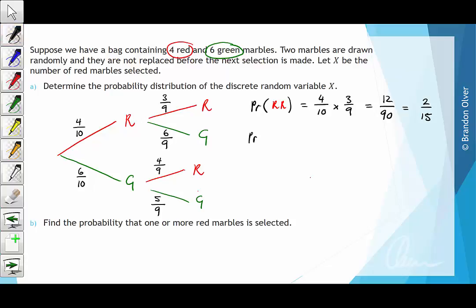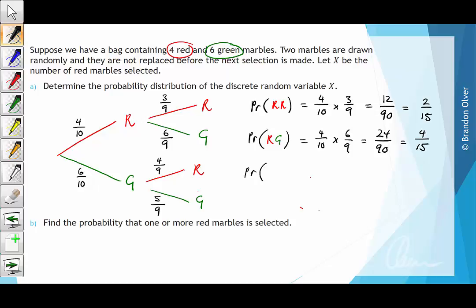Then the probability that we have red then green is equal to 4 over 10 times 6 over 9, which equals 24 over 90, which equals 4 on 15.